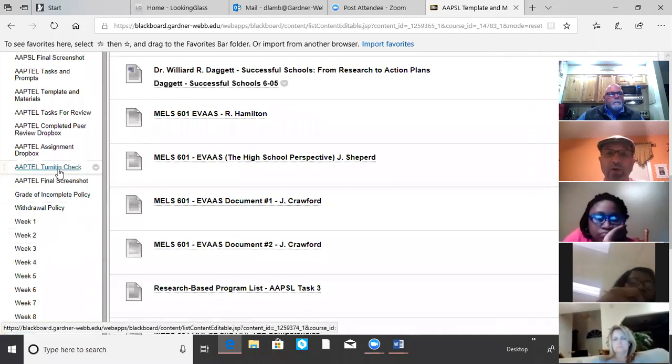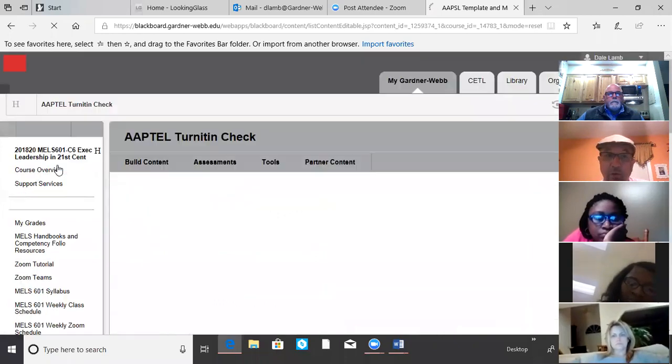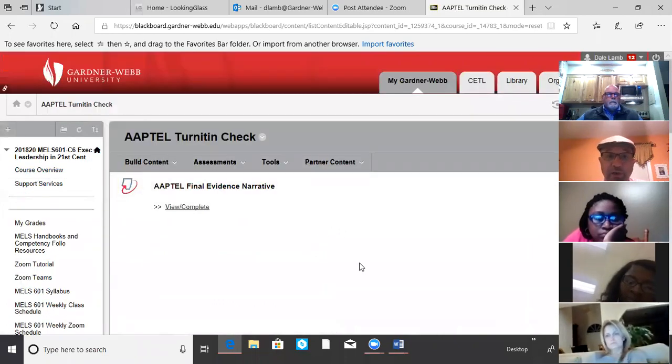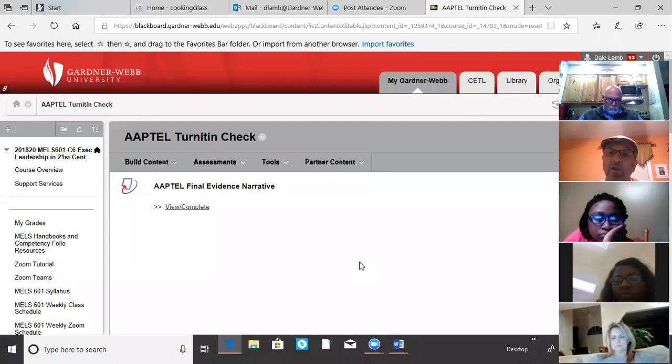With that single document, you've got 5 tasks, but you're going to have one title page, one cover sheet that has my name here, and then the 5 tasks. Following that, you're going to take all of your references from the 5 tasks and combine them into one reference section.